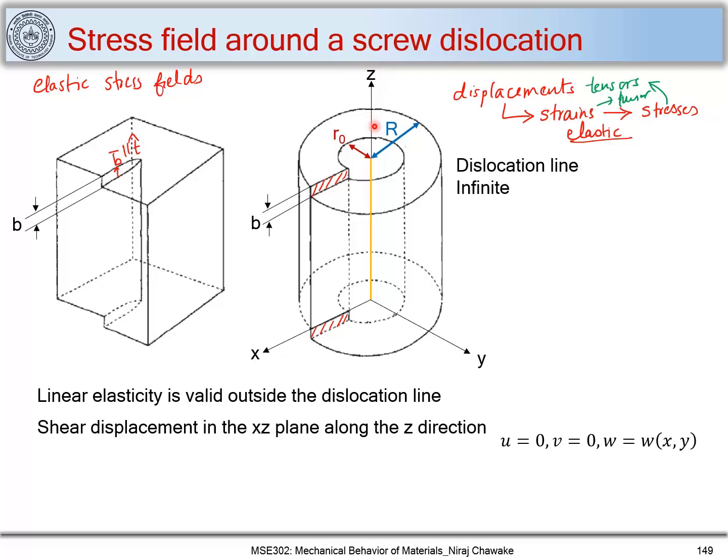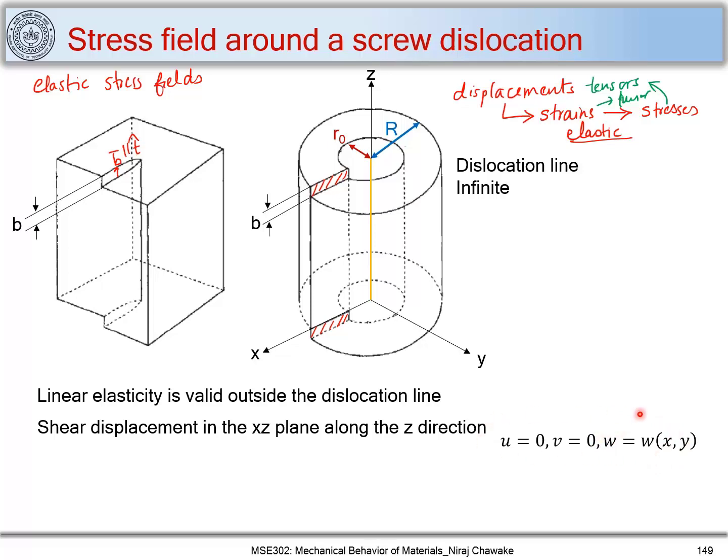Why? Because this dislocation line we are considering is infinite, so every point here resembles the point before. That's why we can say that w is a function of x and y. Also, this displacement varies in the x-y plane, so we'll be looking at that and you will understand why w is just a function of x and y.